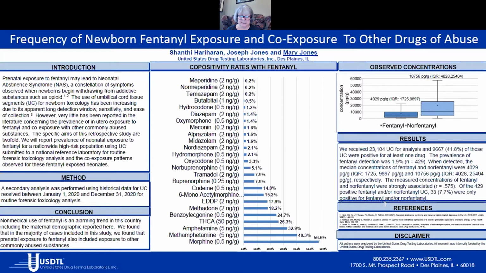Umbilical cord is sensitive for drugs of abuse. And umbilical cord is collected immediately at birth, which means the turnaround time in comparison with meconium is much better because the turnaround time from birth to lab report is much quicker.